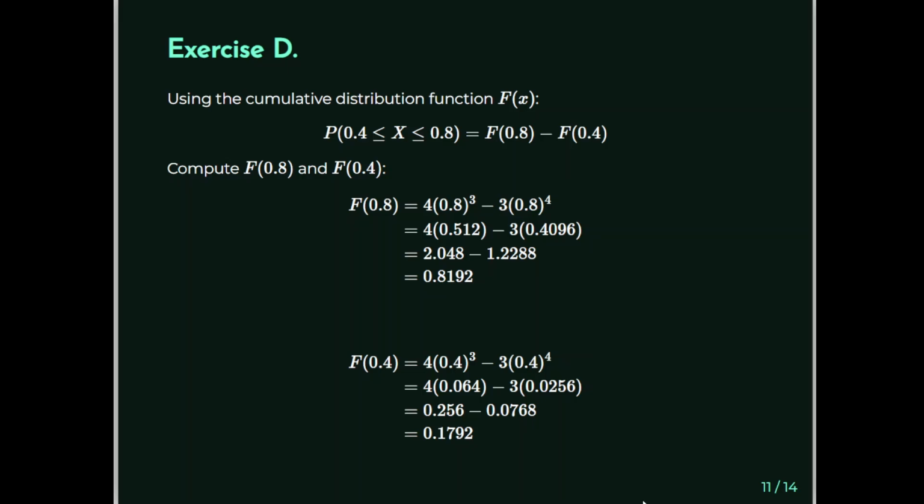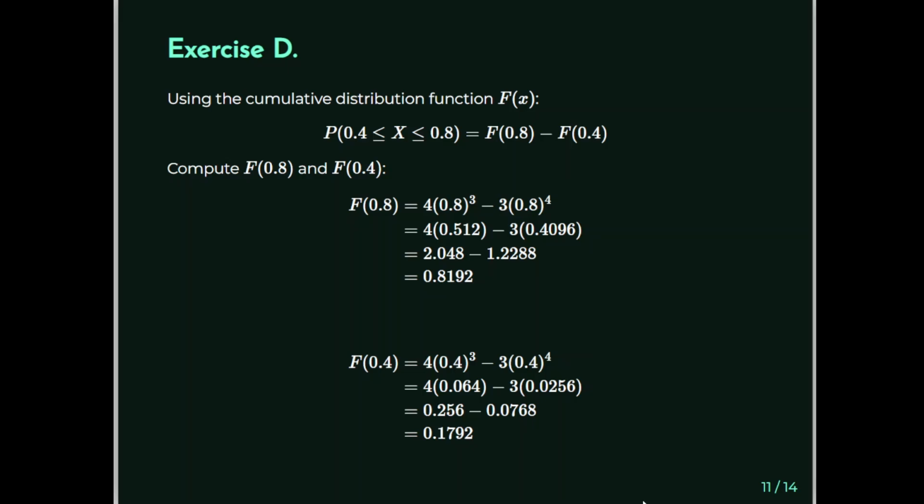F of 0.8 is 4 times 0.8 cubed minus 3 times 0.8 to the power of 4. That is 4 times 0.512 minus 3 times 0.4096. That is 2.048 minus 1.2288, and that should work out to 0.8192. Probably 4 decimal places is appropriate here.